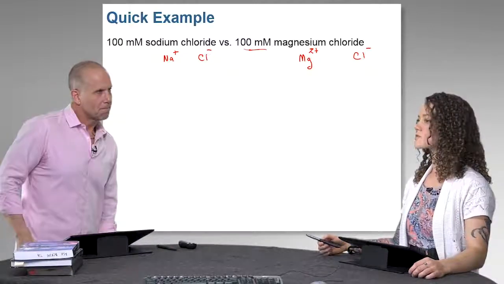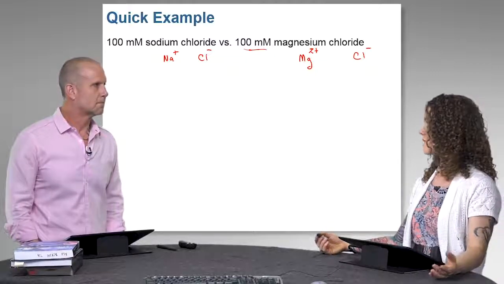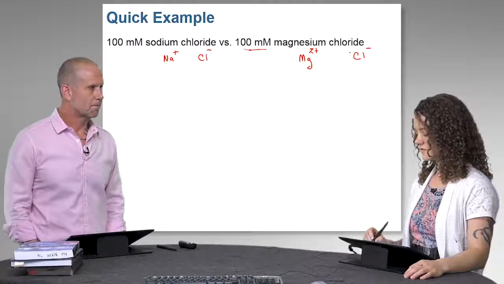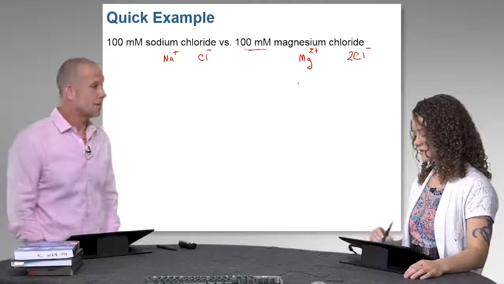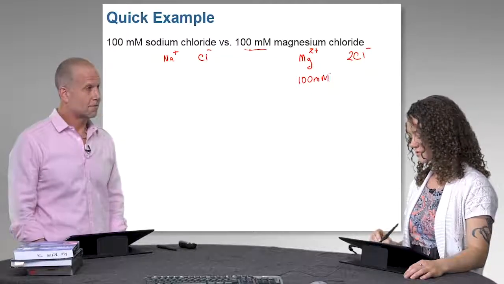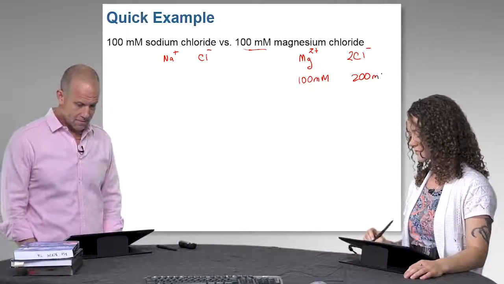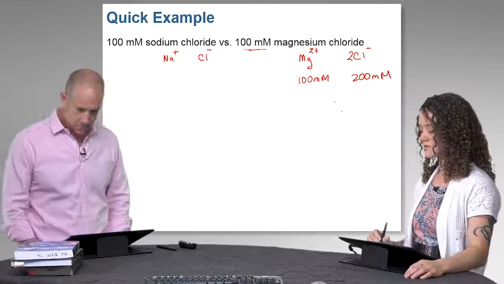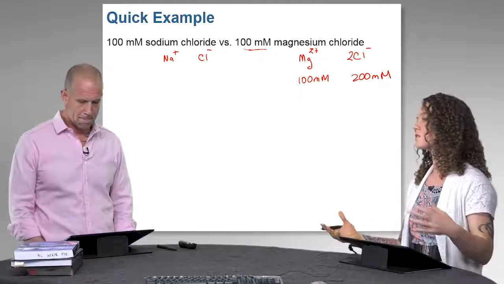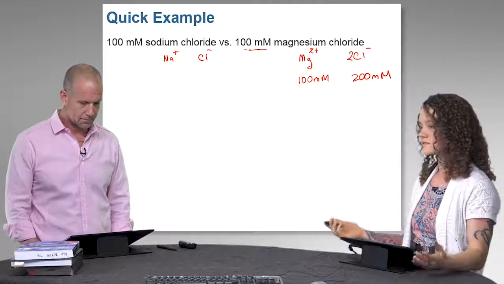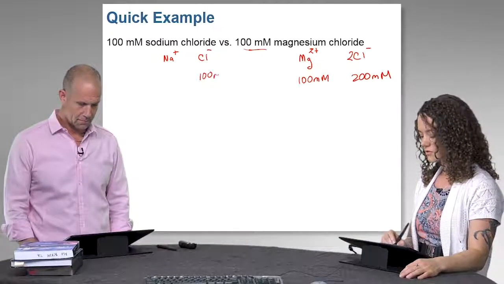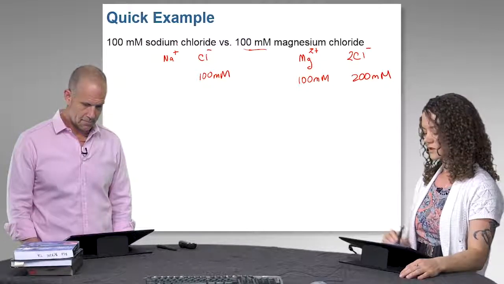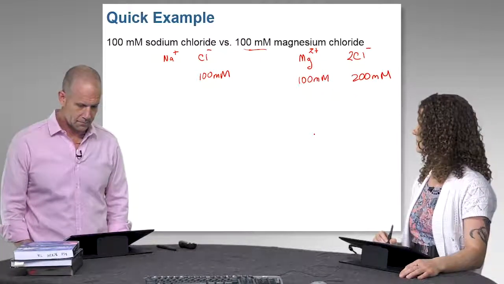Sure. We would also want to consider the overall concentration of the ion, right? So we have the stoichiometric effect that this one has 2 chlorines. Yes, so it's going to be 100 millimolar for the magnesium and 200 millimolar for the chlorine. That's definitely something my intro chem students struggle with, figuring out the total concentration of chloride ions in this solution. Well, we have 100 millimolar contributed from the sodium chloride and 200 millimolar contributed from the magnesium chloride.